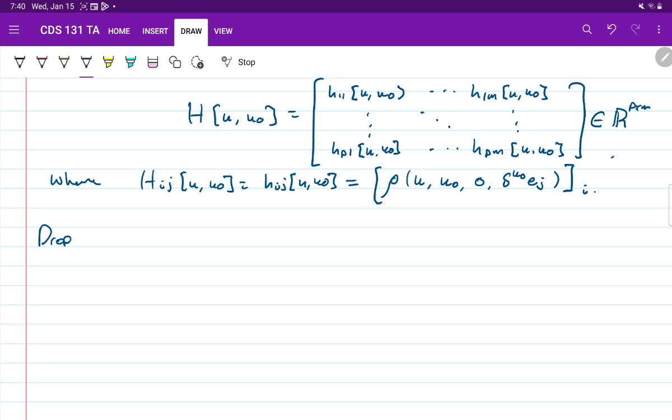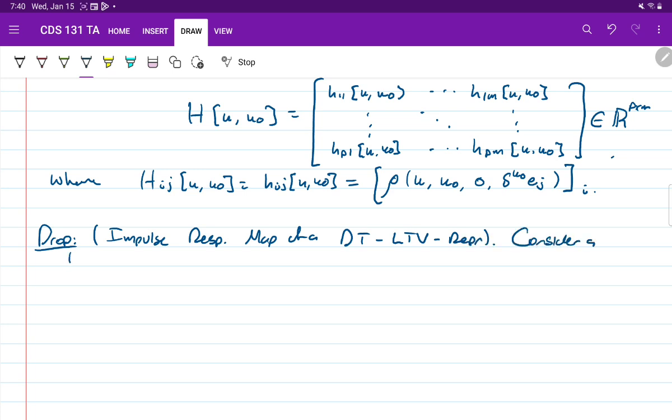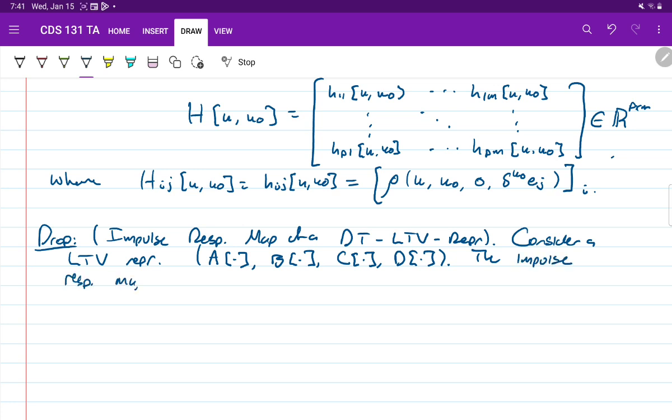Okay, let's do that. So proposition, impulse response map of a discrete time linear time varying representation. Okay, so consider a linear time varying representation A, B, C, D. Now the impulse response map of the system is computed as follows.